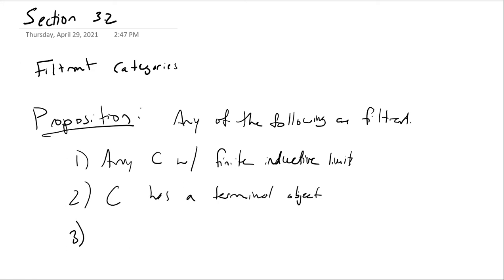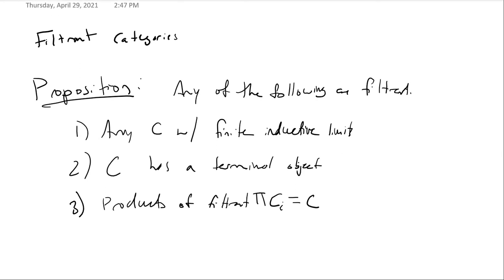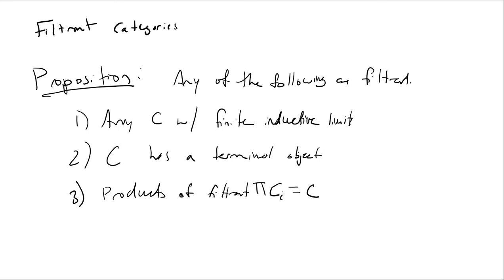Three, a product of filtrant categories. And finally, this isn't so much a property, but Kashiwara and Shapira included it in the proposition, so maybe I should make it separate: C filtrant implies C is connected.